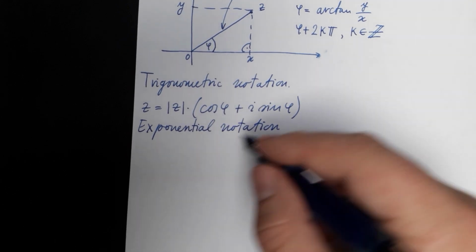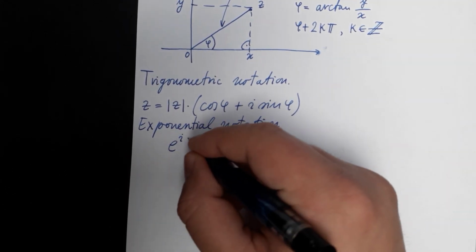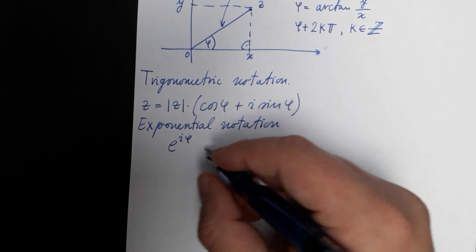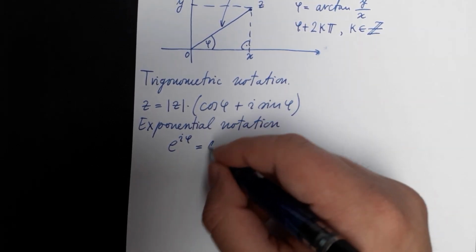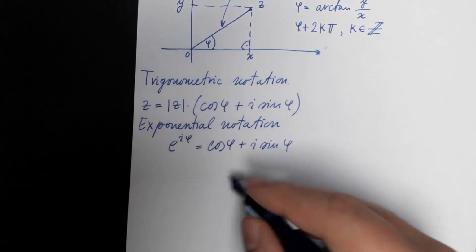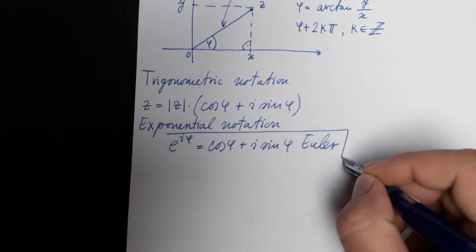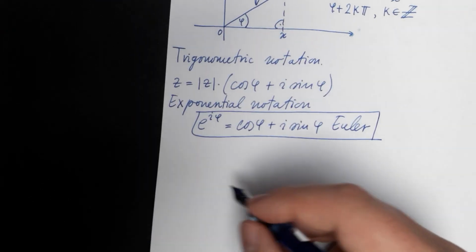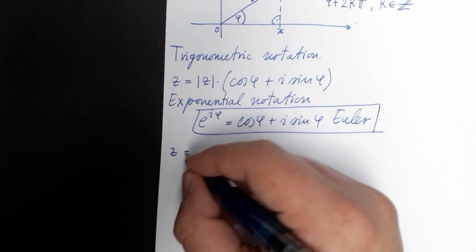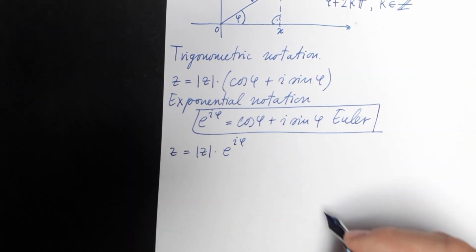So for exponential notation of a complex number, we are going to use Euler's formula. e to the power i phi is equal to cosine of phi plus i sine of phi. This is Euler's formula. Now we can write number z as module of z times e to the power i phi.